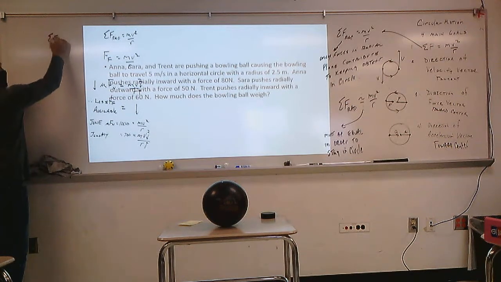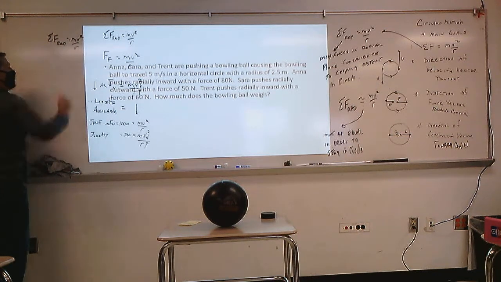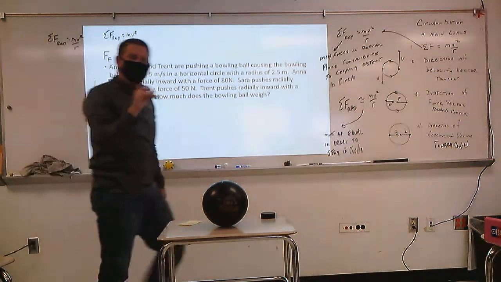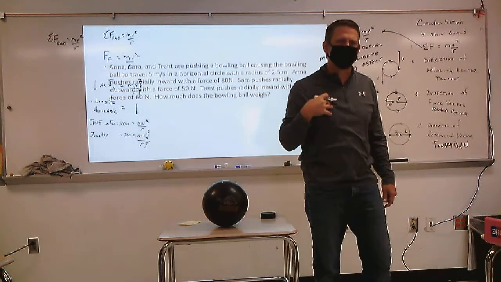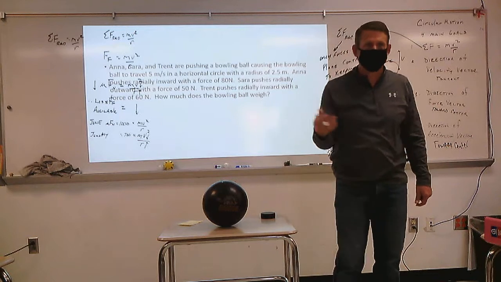The sum of the forces radially must equal mv squared over r. And how do we know that equal sign is okay in this situation? Because the ball is actually moving in a circle.